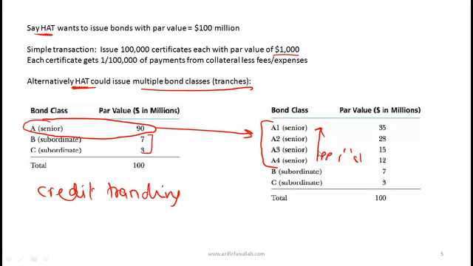So all I'm trying to work with you on here is, we've established that the prepayment risk is least for A1, but the credit risk is more for A1, because any principal payments that are coming in will go first to A4 and they will go at the end to A1. So while A1 is relatively safe from a prepayment risk, that comes at the expense of credit risk. Okay, so there is no completely free lunch. You give up some prepayment risk, but then you gain more credit risk.